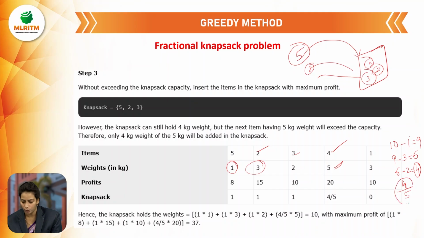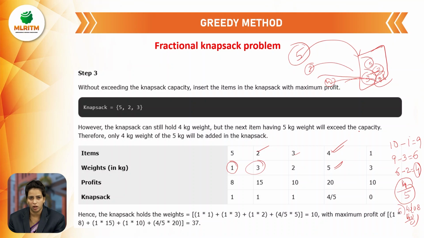So in this part, we consider fourth item not fully, we consider 4 by 5. That means 0.8 of the item is placed into the knapsack. In which item? Fourth item.